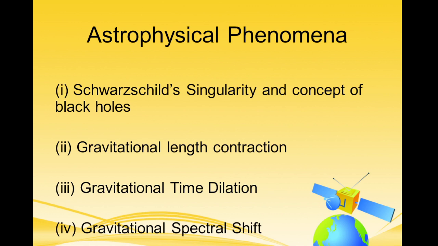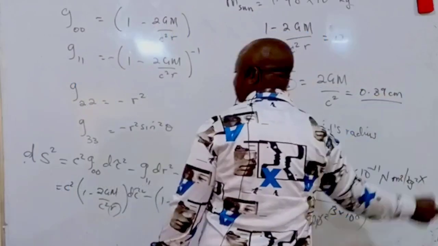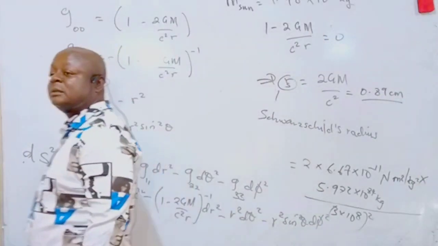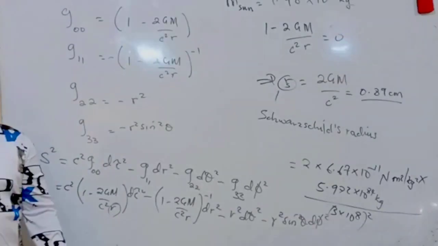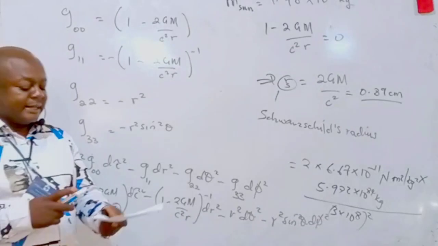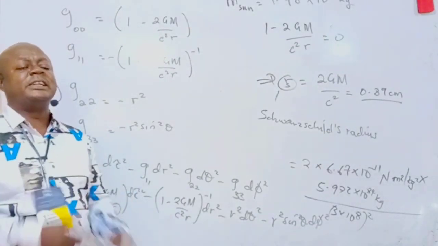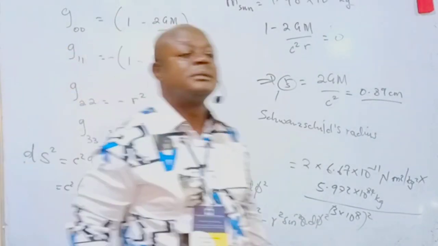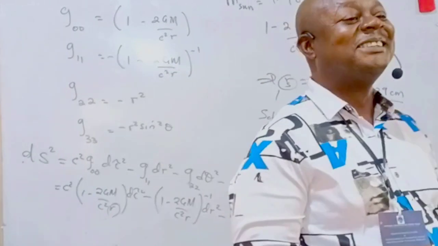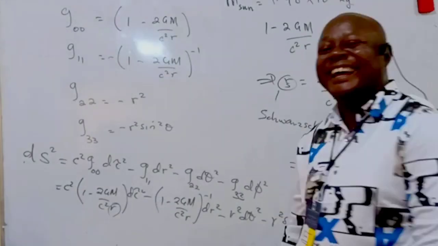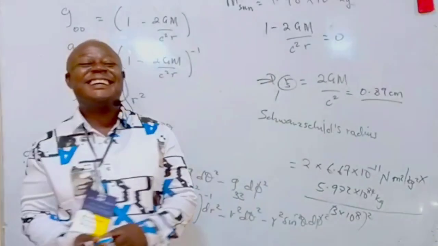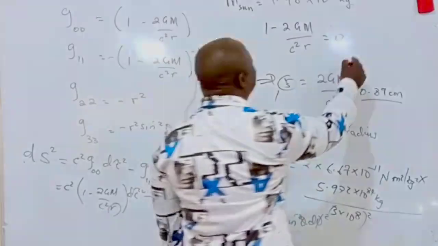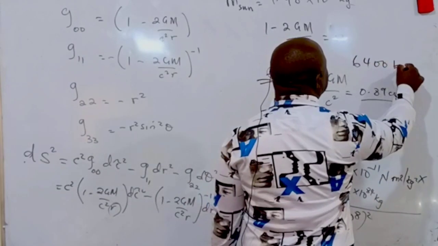If you substitute that for the Earth, you will get something around 0.89 centimeters. What is the radius of the Earth? 6,400 kilometers.